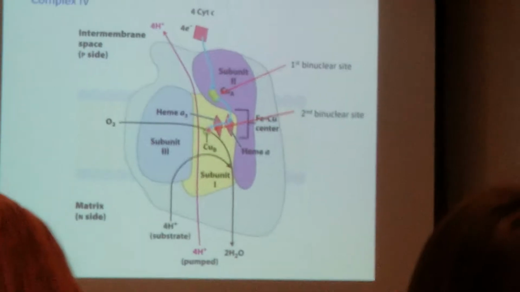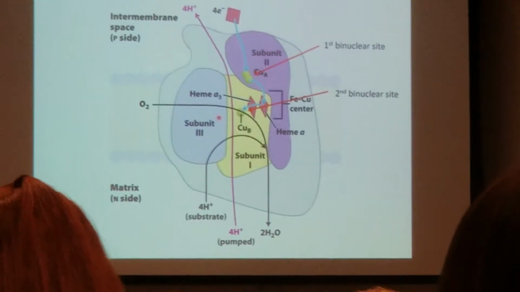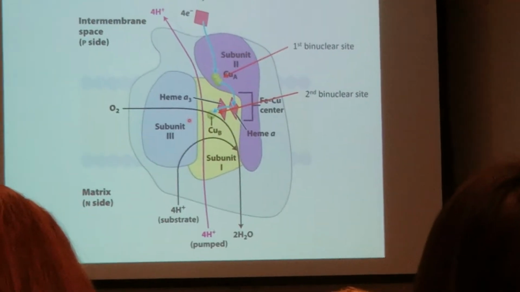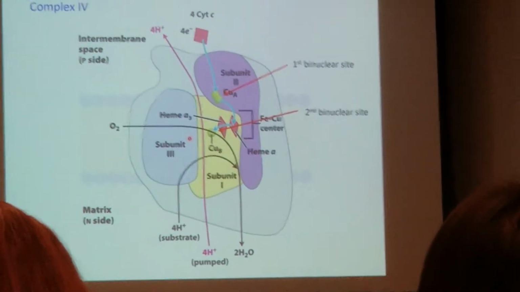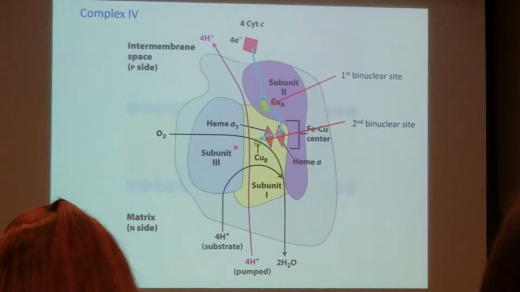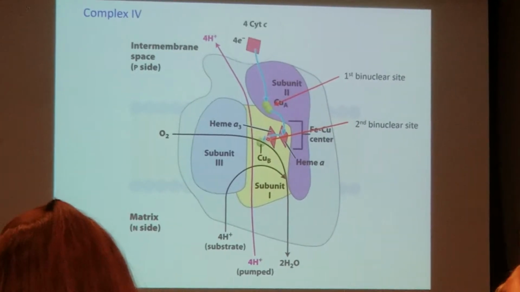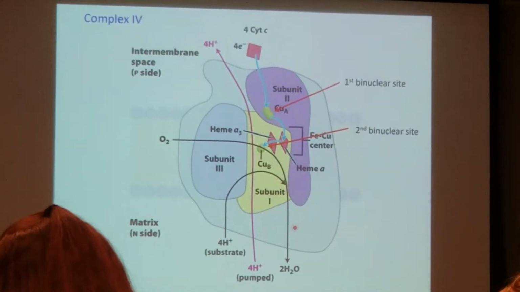Is that cool? We're going to see this type of situation in photosynthesis too, where two things come together and act as one. Why, Dr. Hilt, is it doing it this way? No one knows. But it's at this second binuclear site that oxygen is being reduced to water.